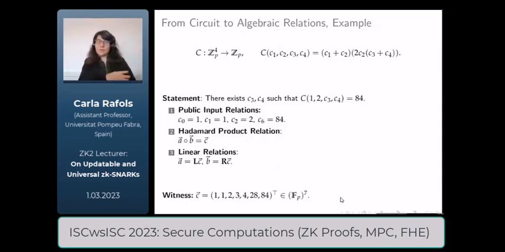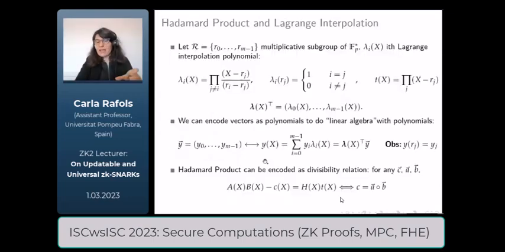First, from the circuit, we go to some algebraic relations. These are not the coefficients of the polynomial in the monomial basis, it is the polynomial evaluated at the set of points. Clear? Okay.